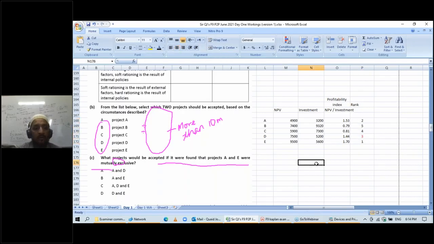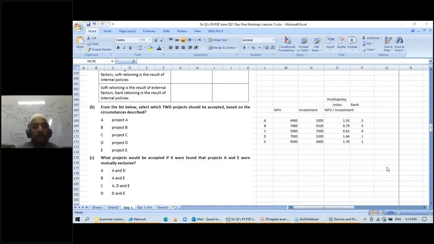So according to the question, requirement B, from the list below, which two projects should be accepted based on the circumstances described. So which two projects should be selected?